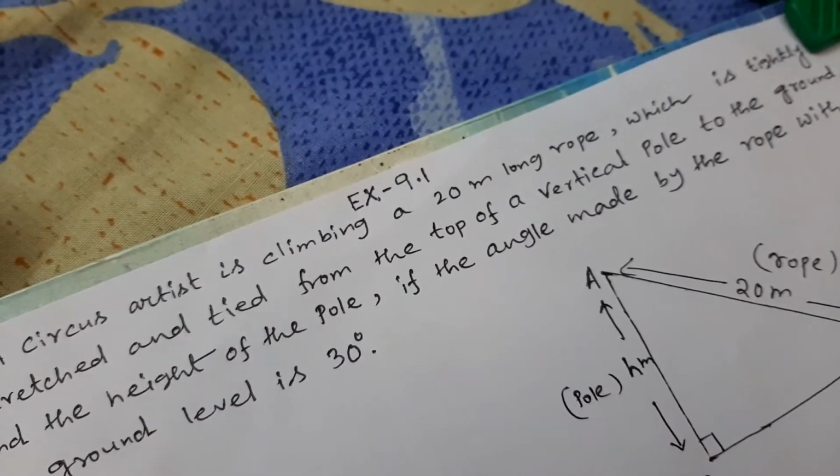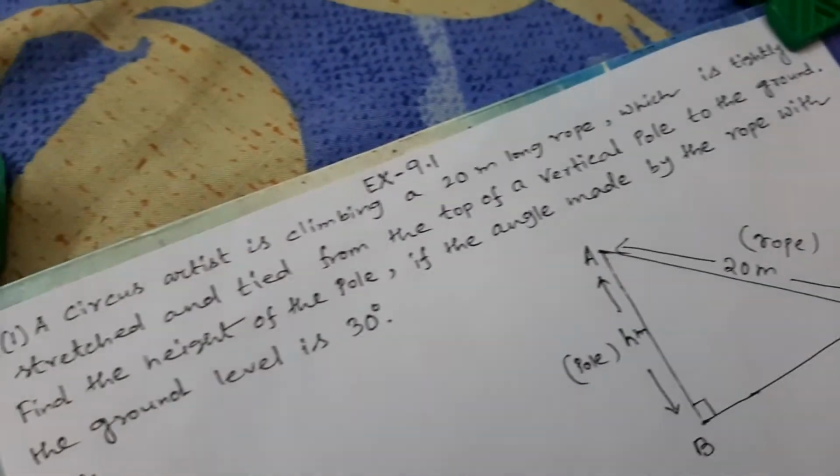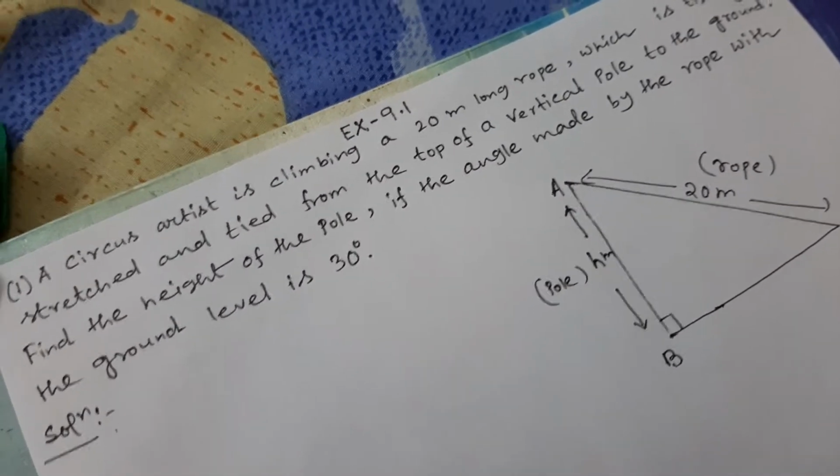Here see the question, 20 meter long rope, so AC is 20 meter and pole height is not given, let height be h.